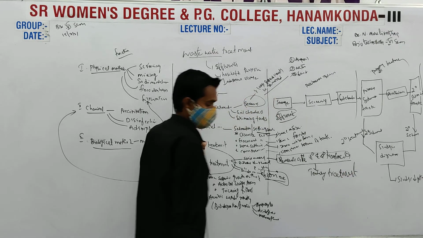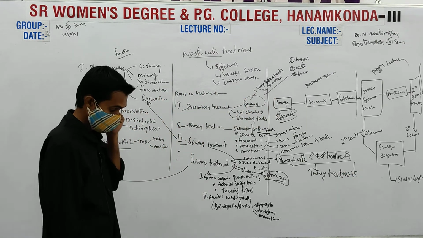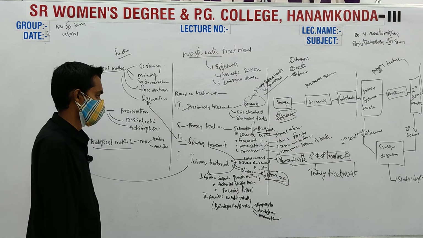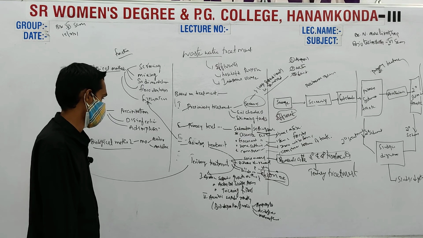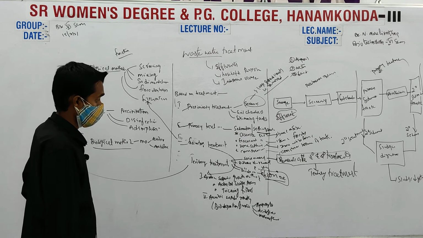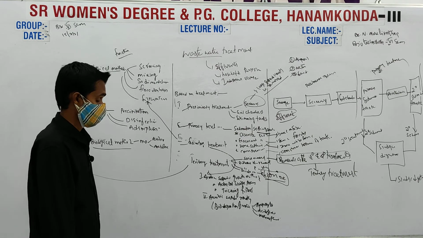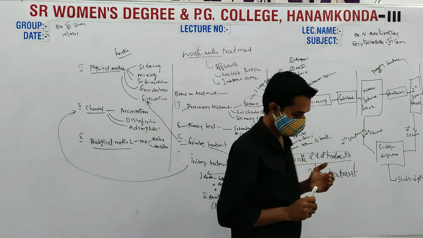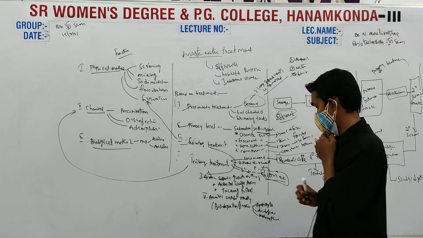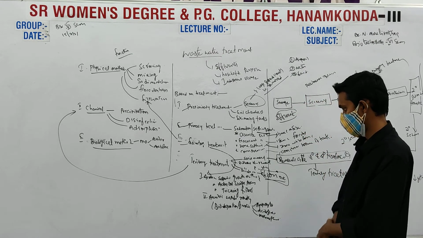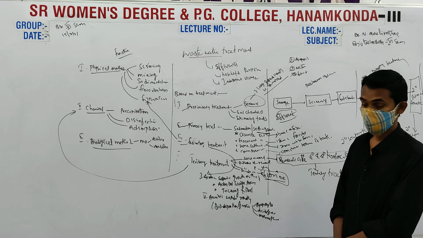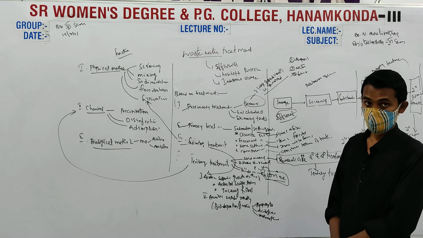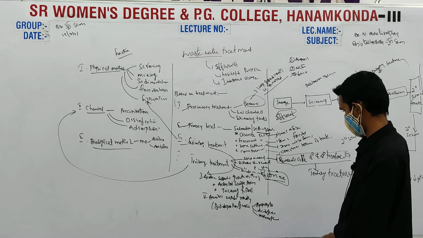The tertiary treatment includes solid removal and biological nitrogen removal. Nitrogen and phosphorus remain as pollutants, and they can be removed by biological nitrogen removal or biological phosphorus removal. And then finally disinfection. For disinfection, chlorine will be used.